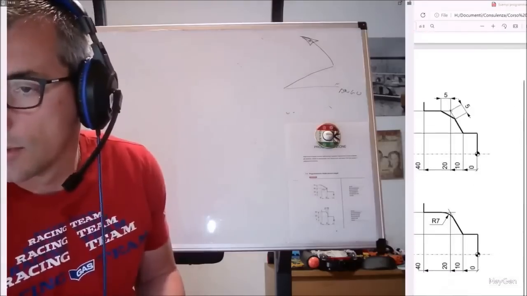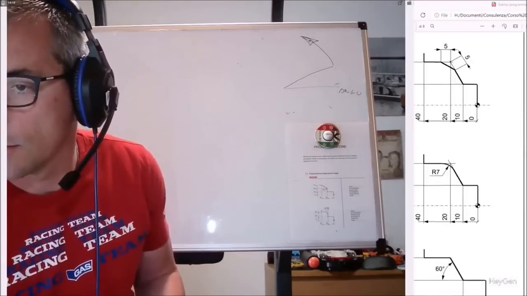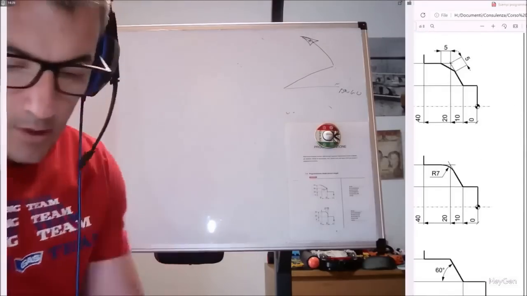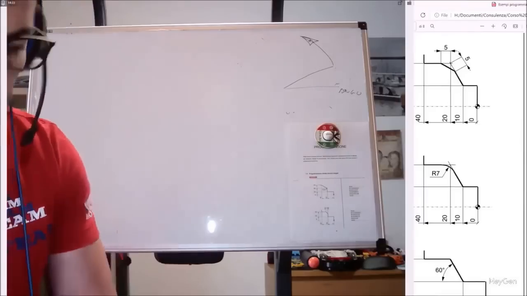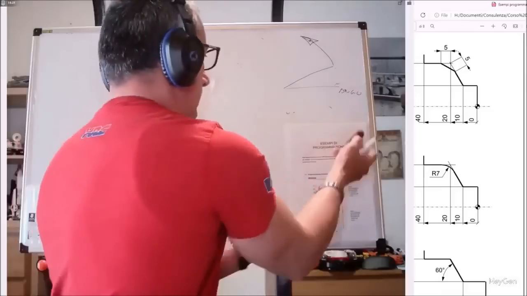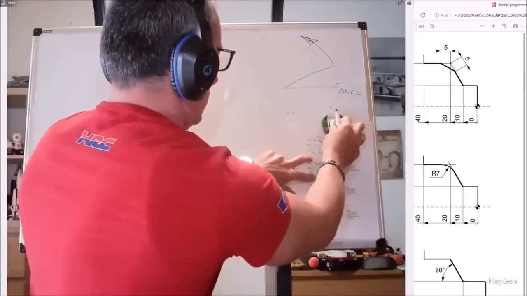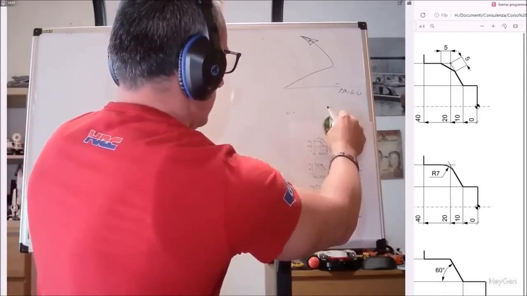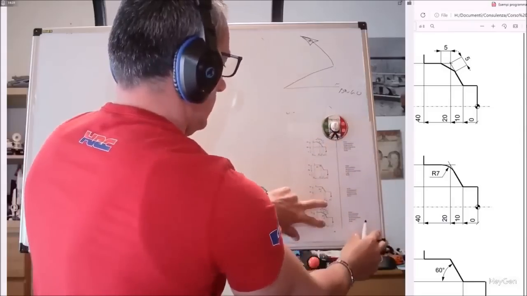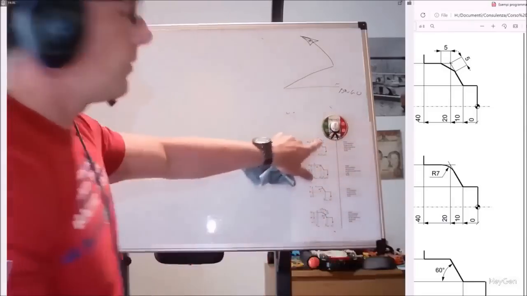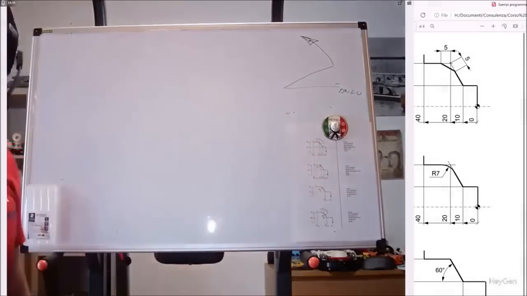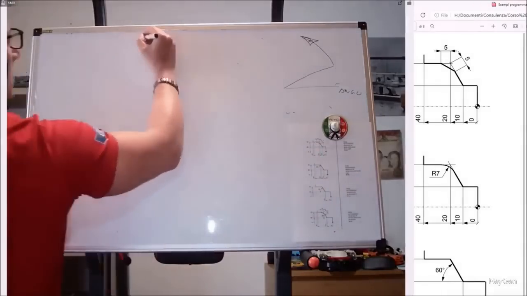Now, let's go. I had already mentioned this to you. Let's see. Where do I have the little sombrero? Here it is. Exactly. This one here, you see, is 5 by 5, so it's a bevel, x0, z0.